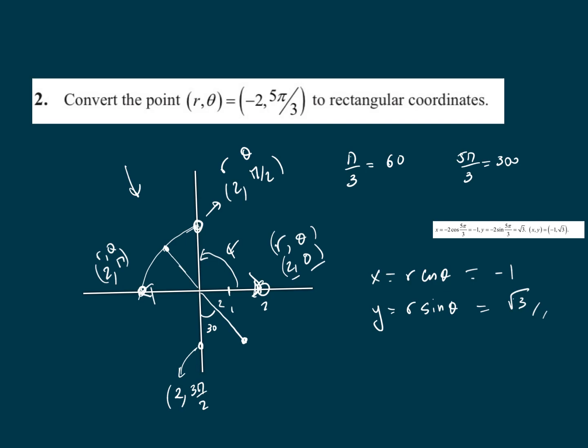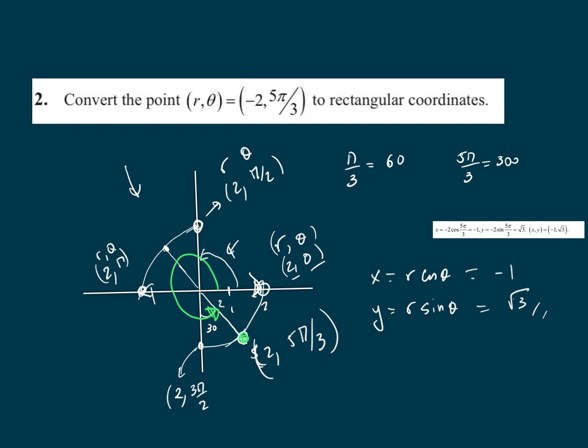So when you rotate 3 pi divided by 2 plus pi divided by 6, you arrive at the point (2, 5 pi divided by 3), in a way that this angle is 5 pi divided by 3. But this is not the point.